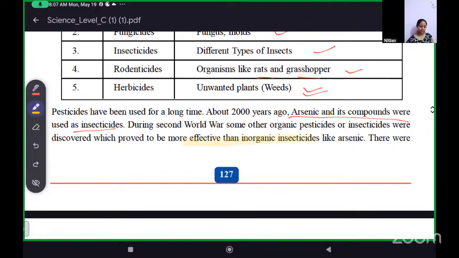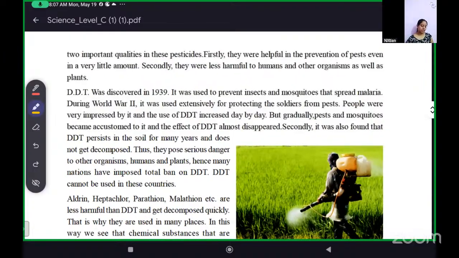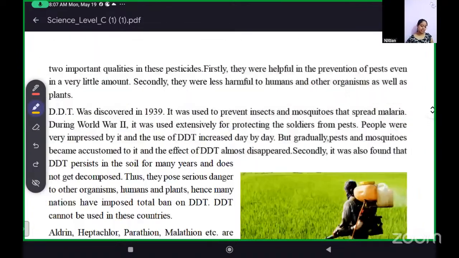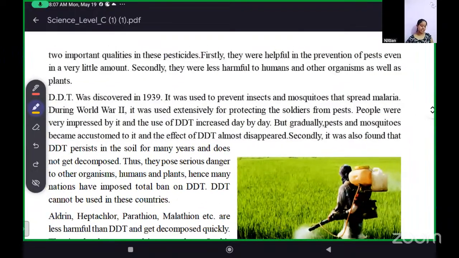Arsenic is an example of an inorganic insecticide. There were two important qualities in these pesticides. Firstly, they were helpful in the prevention of pests even in a very little amount, and secondly, they were less harmful to humans and other organisms as well as plants.